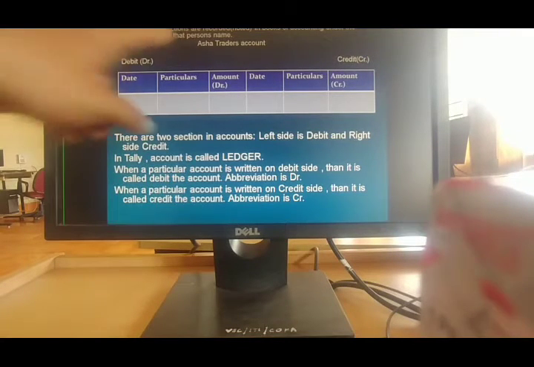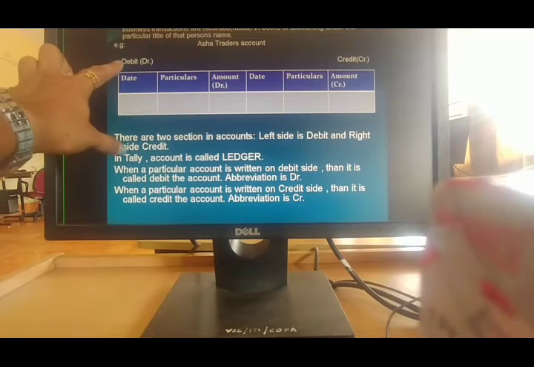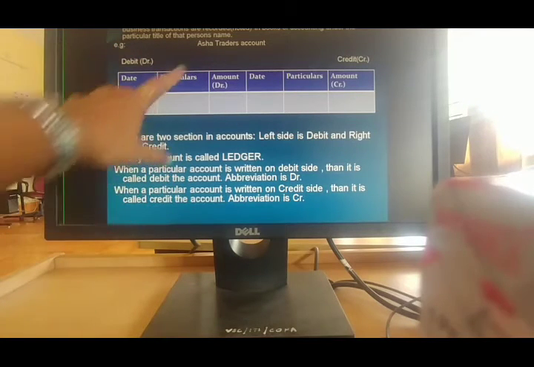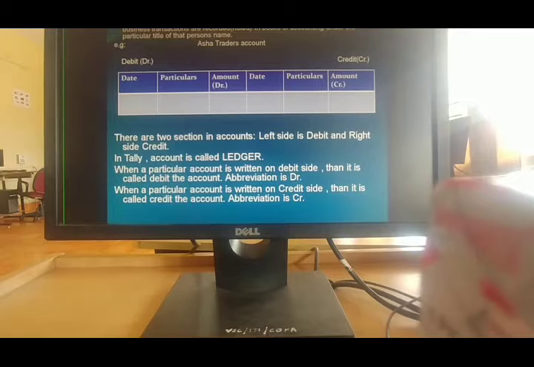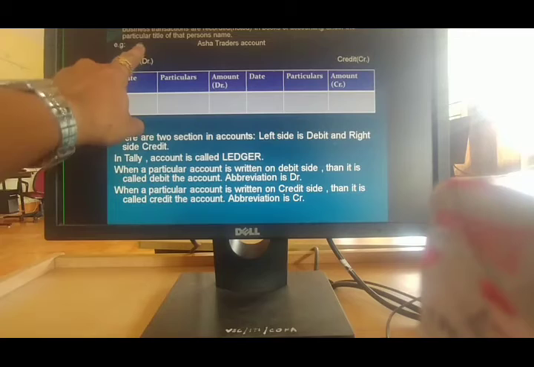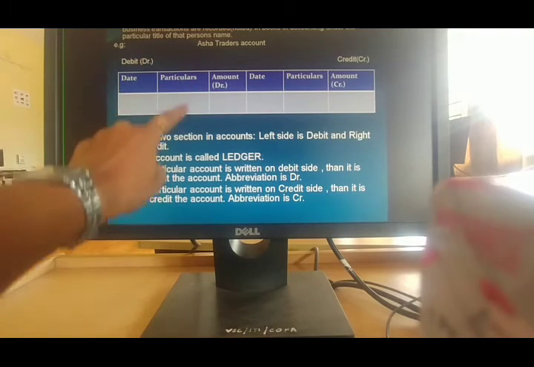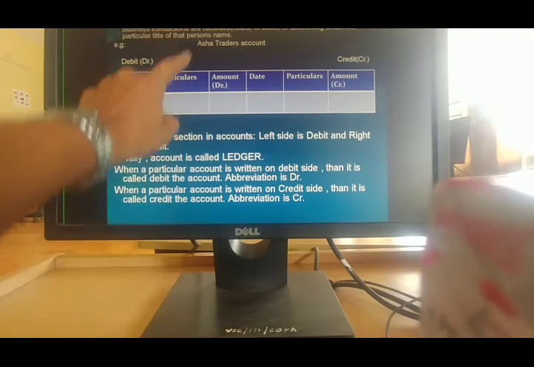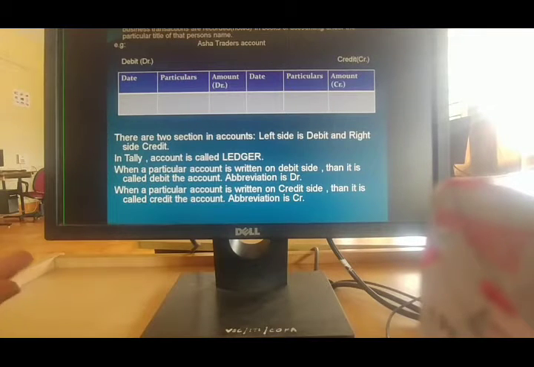So in the Asha Traders account, the debit accounts related to Asha Traders will come over here. All the account names which are debited will come into this account. Now you will think, what is meant by debit accounts and credit accounts? You will come to know clearly further when you learn the rules of these three account types.